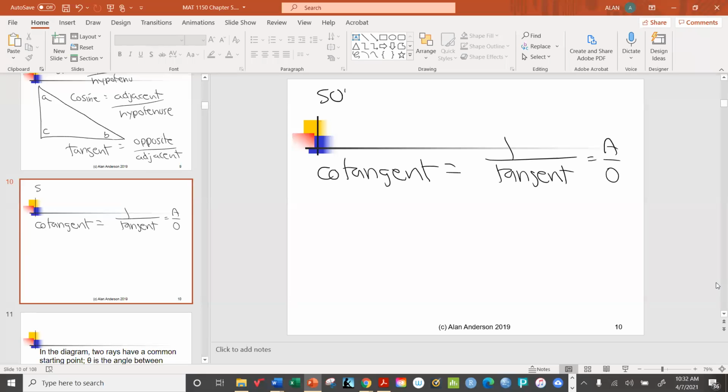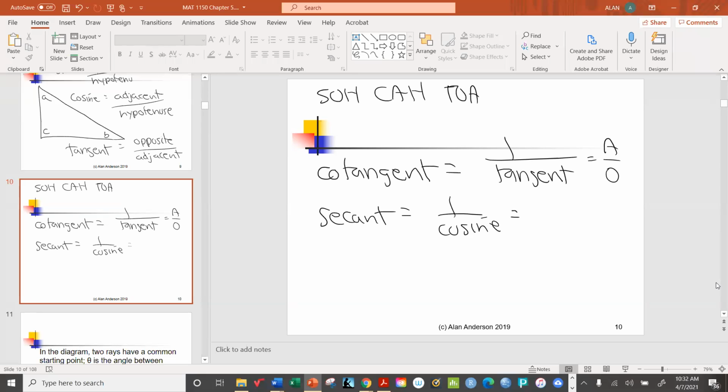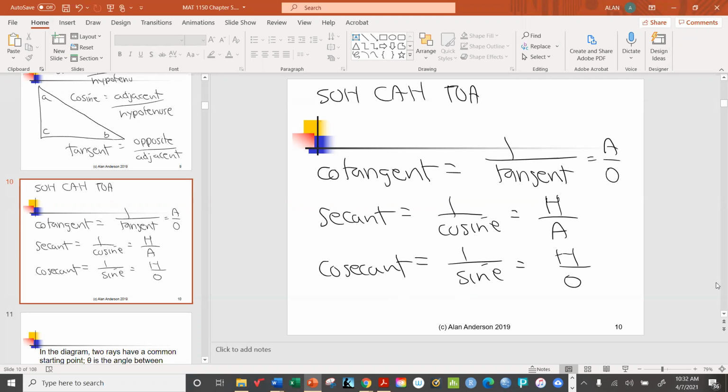Remember, if the tangent is opposite over adjacent, the cotangent must be the inverse of that. Secant is 1 over the cosine, which means that it's H over A. And then cosecant is 1 over the sine, which implies that it must be H over O. So I don't believe anyone's ever come up with a mnemonic for these guys.